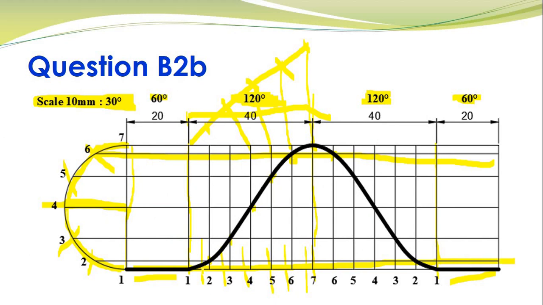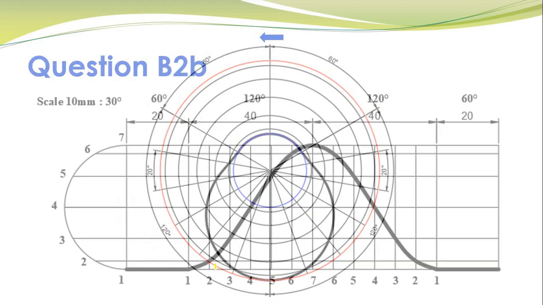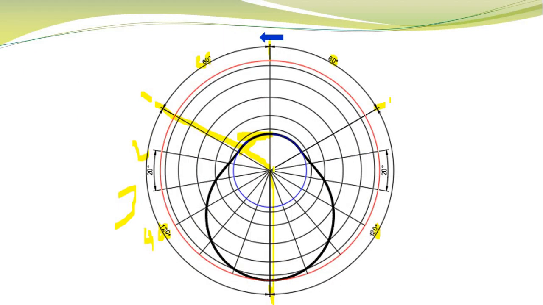So what I can do is, this is my 1, right? This is 2, this is 3, this is 4 over here. So this one is in reference to 1 over here. So when I pick this distance and put it on this radial line over here, I would be just at the cam radius.